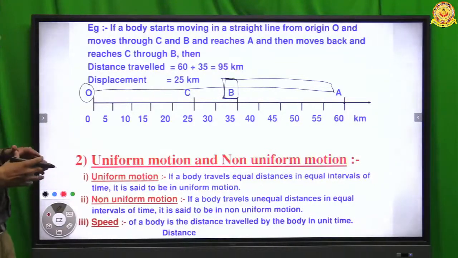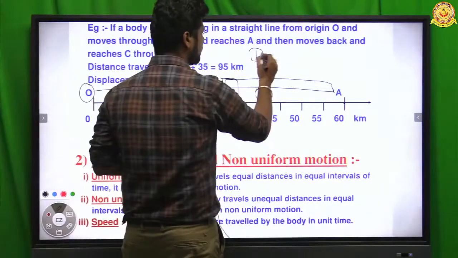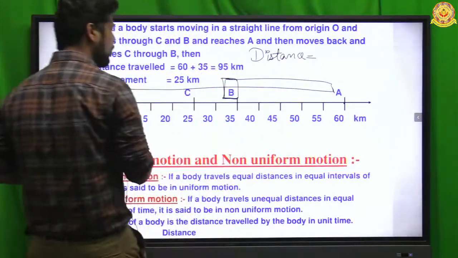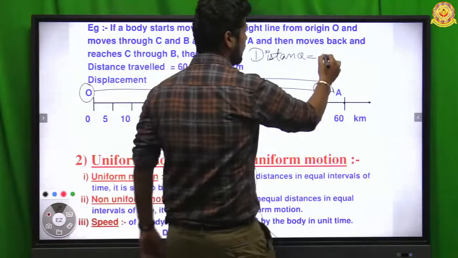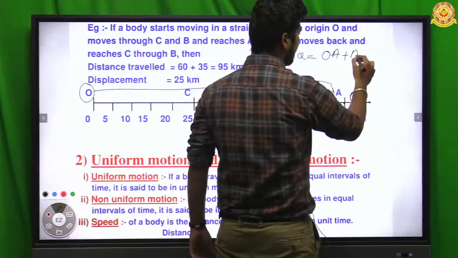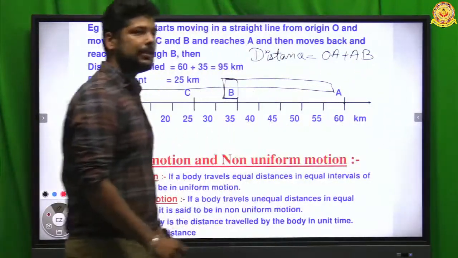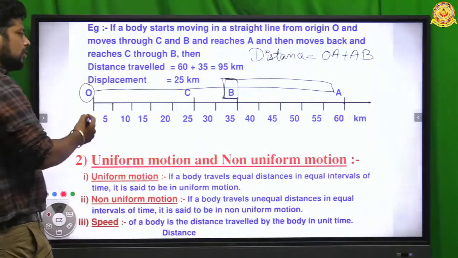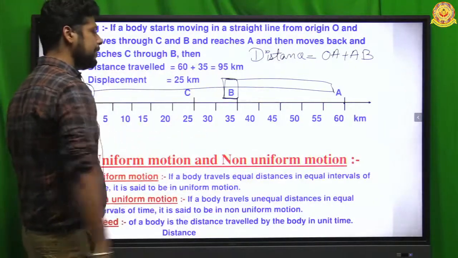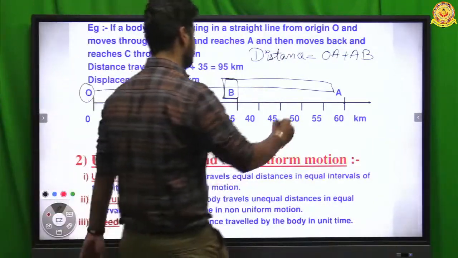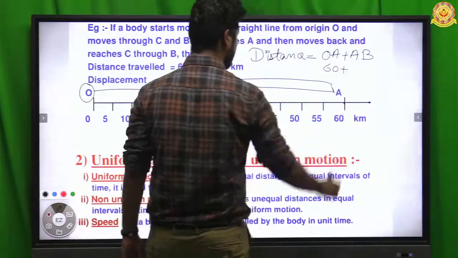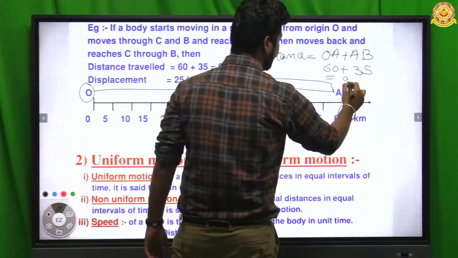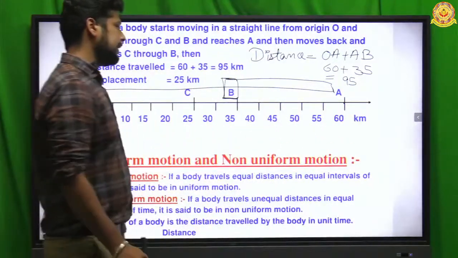In this case the distance will be OA plus AB, because distance is defined as the actual path. So the actual path covered by the object is OA plus AB, that is 60 plus 35, that is 95 units that the object has covered.